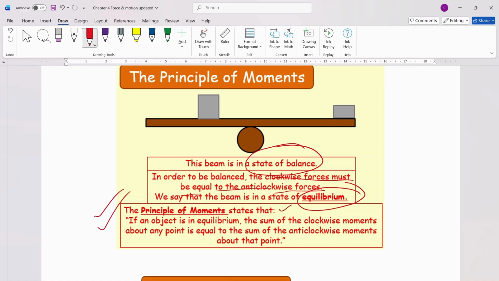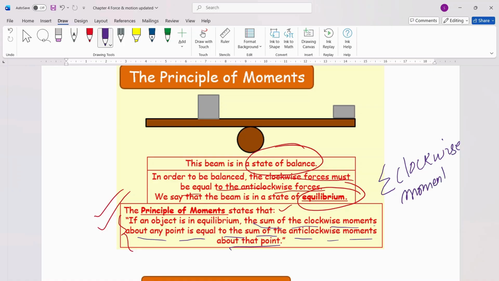It states that for an object in equilibrium, the sum of clockwise moments about any point will be equal to the sum of anti-clockwise moments.